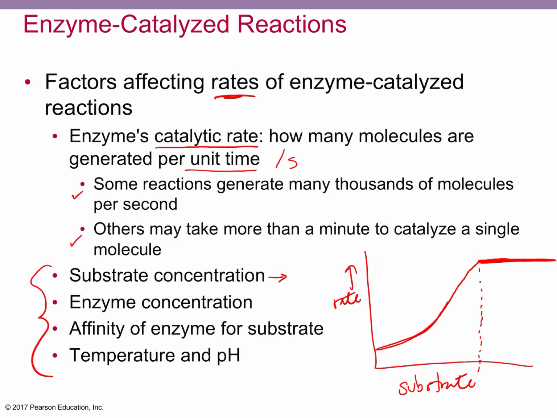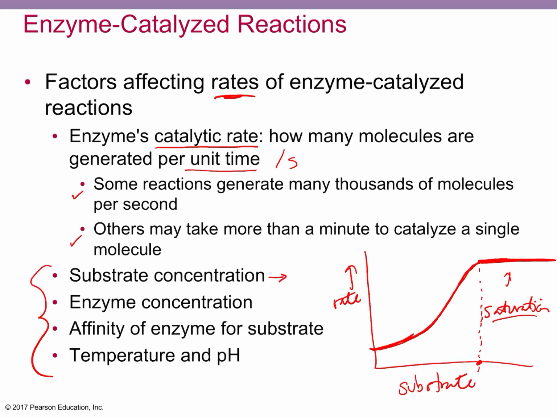This is the point at which all enzymes are working on a substrate. You can't spit out any more product any faster. So this is called the saturation point. When you increase the substrate concentration, yes, you can get more product, up to that saturation point.